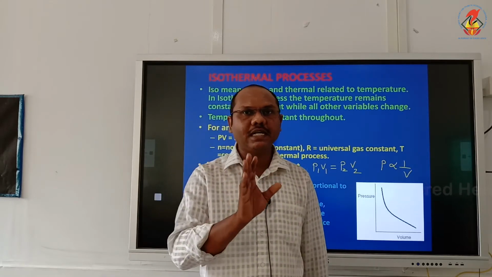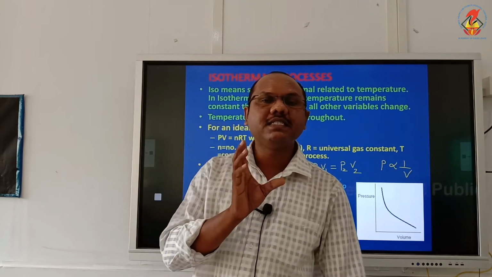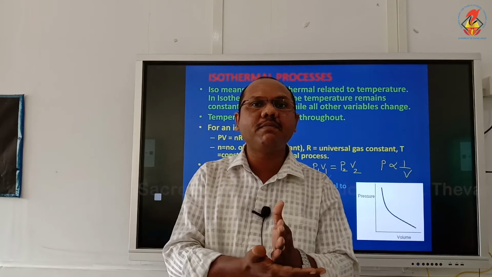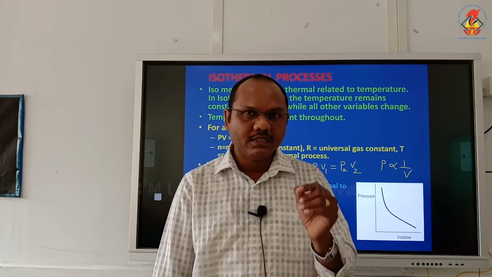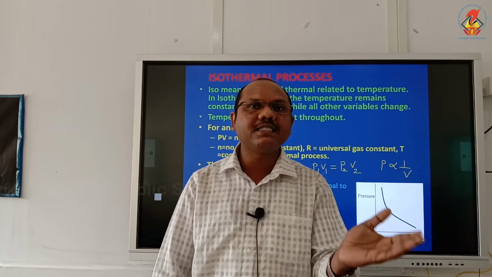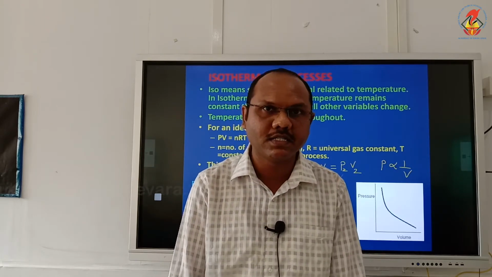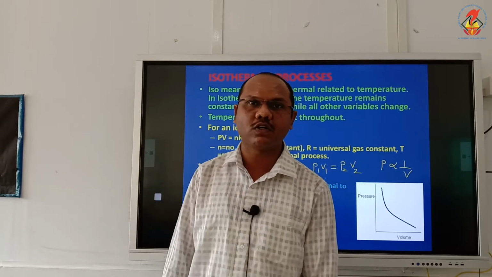The first condition is the system and the surroundings should be separated by a diathermic wall, so that there is exchange of heat between the system and the surroundings. Only then the temperature of the system can remain constant.